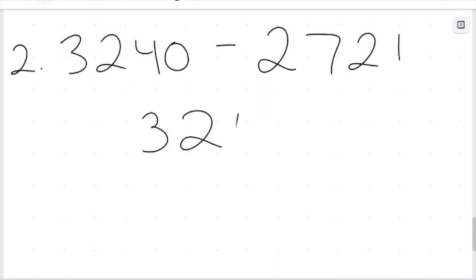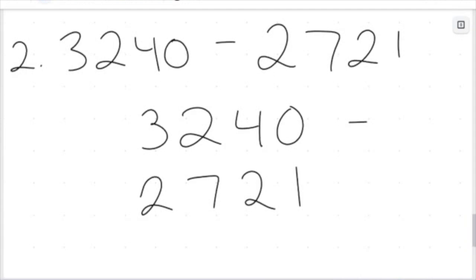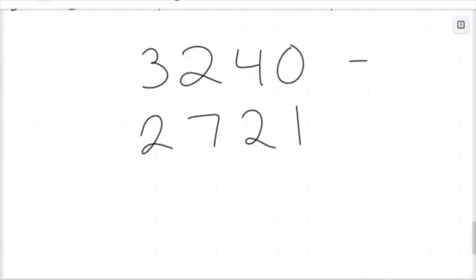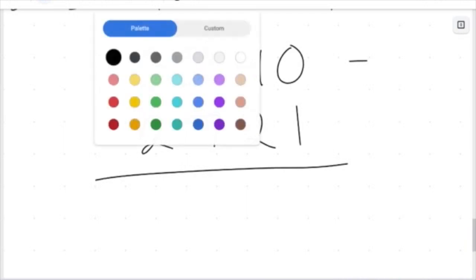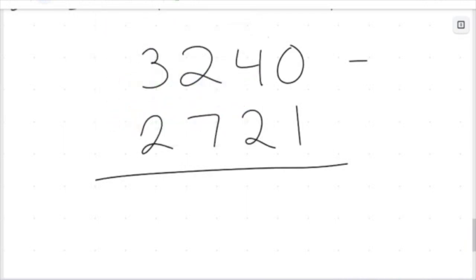But once I have this kind of system, this procedure to do this, I find that it makes the question a lot easier. So once again, I've shown this vertically to separate my ones from my tens, from my hundreds to my thousands.